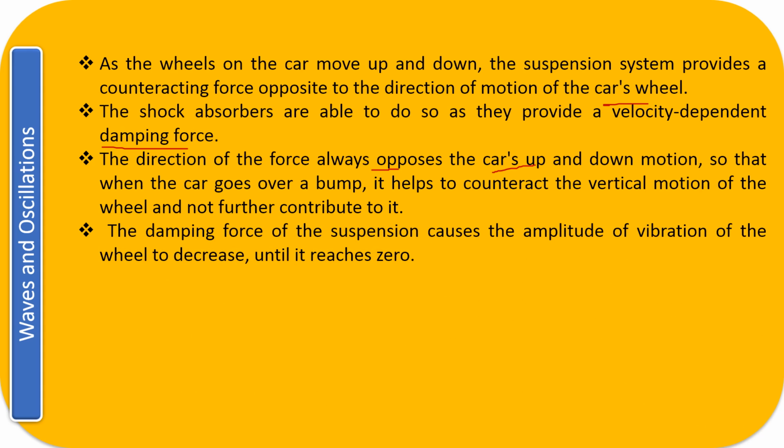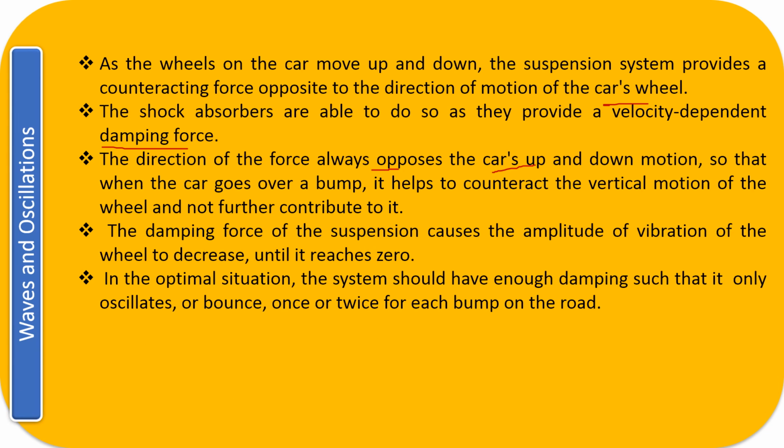The damping force of the suspension causes the amplitude of the vibration of the wheel to decrease until it reaches zero. In the optimal situation, the system should have enough damping such that it only oscillates or bounces once or twice for each bump in the road. It should not be beyond this, right?